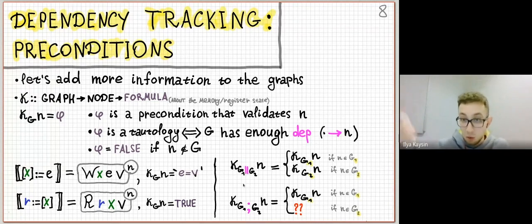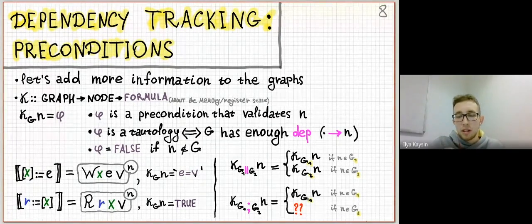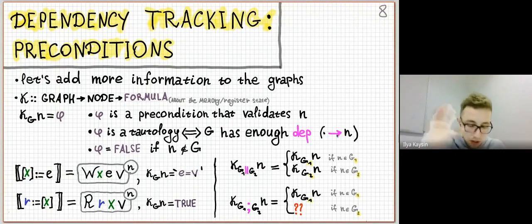But the interesting moment is how do we define the preconditions for the sequential composition? Because this is the place where we actually add the dependencies. So we should define the preconditions in such a way that it enforces adding dependencies. It will become clearer in a couple of slides. But this is the most interesting thing.